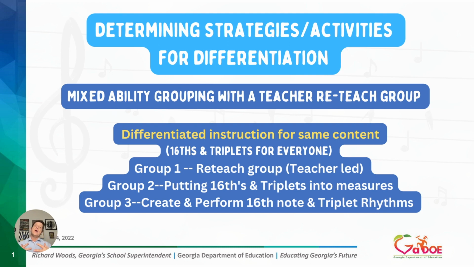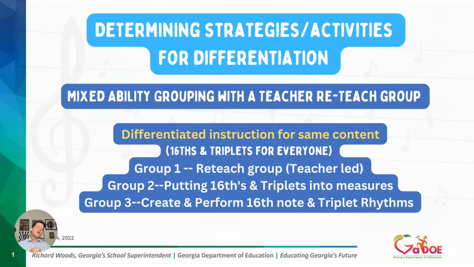Certainly, if you were to do common ability or same ability grouping, then you would have that teacher group again where you would have those students that didn't meet those standards. And then group three would be the students that met the standards. Group two would be students that needed remediation. Then you could work with those students. You would just have a little bit less flexibility and freedom to get up and check on other students.